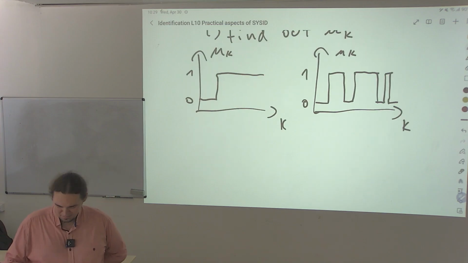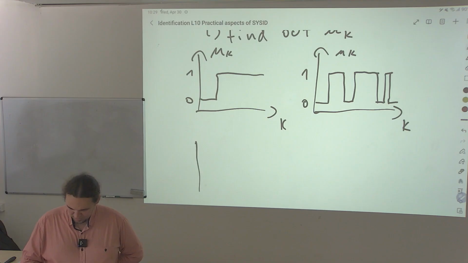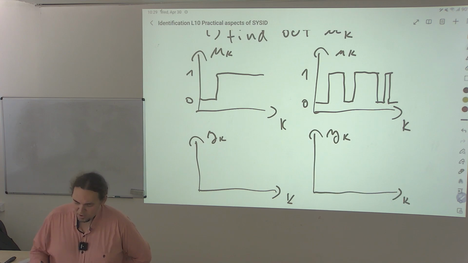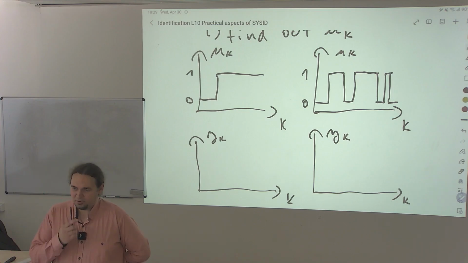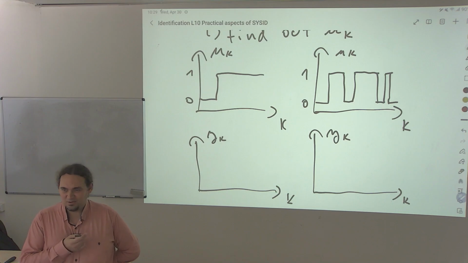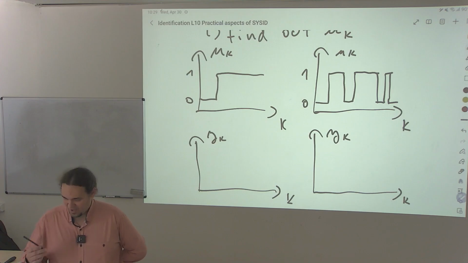So let's think about some dynamic plant. At this point you have actually no idea whether the dynamic model of the plant is first order, second order, third order, whether there are zeros and anything like that.